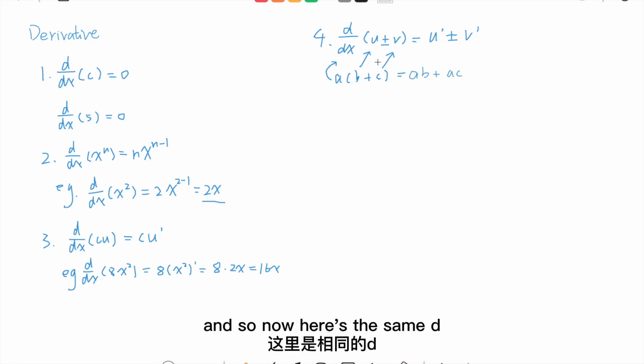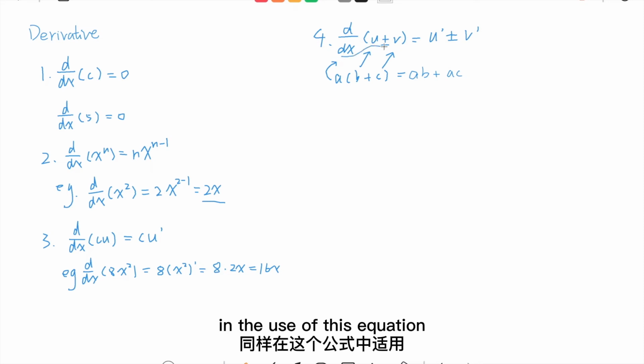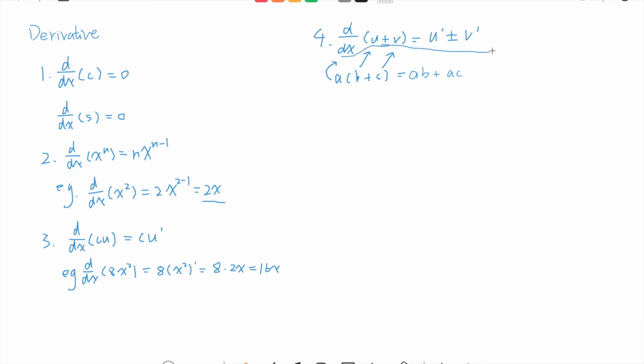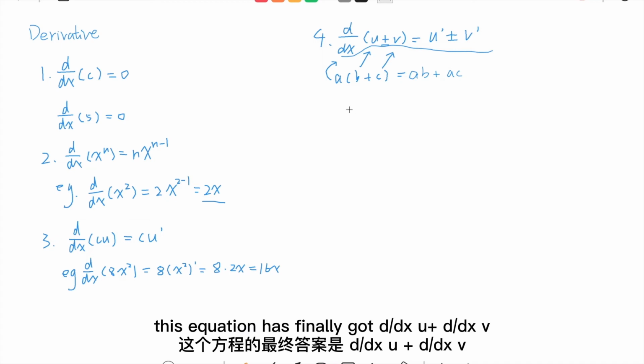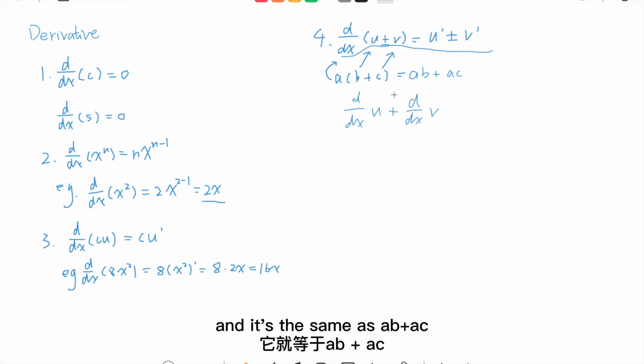It's the same in the use of this equation. This equation finally gets d/dx of u plus d/dx of v, and it's the same as ab plus ac.